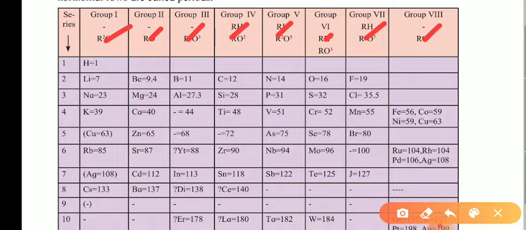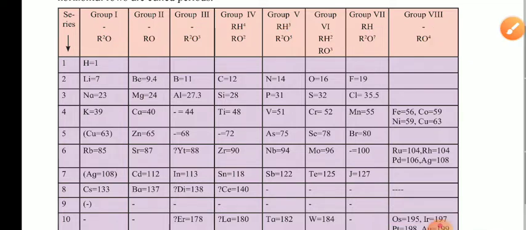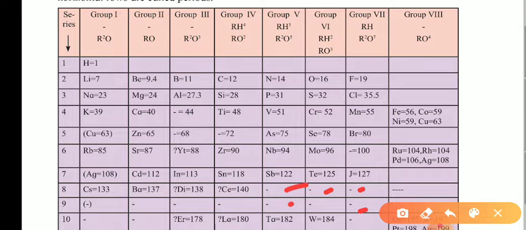And in that, some blank spaces he kept in between. You can see over here the blank spaces. Why did he keep these blank spaces? Because these elements were not known at that time. Some atomic mass he predicted, but the name was not given, like here 44, 68, 72.